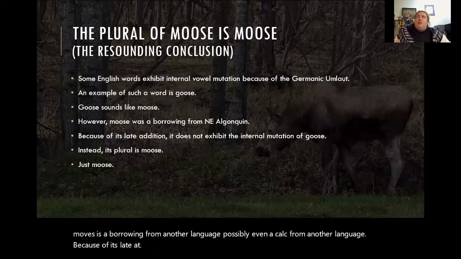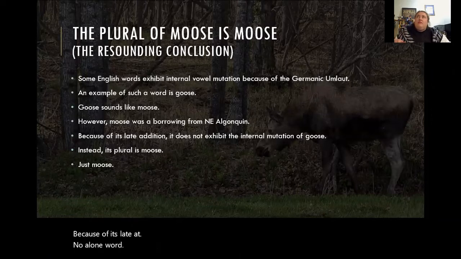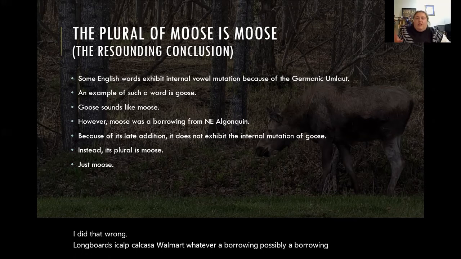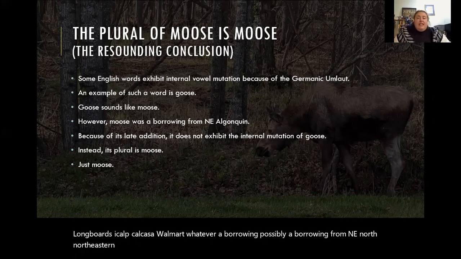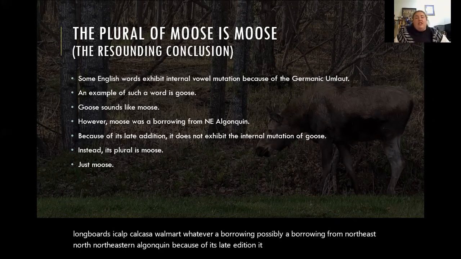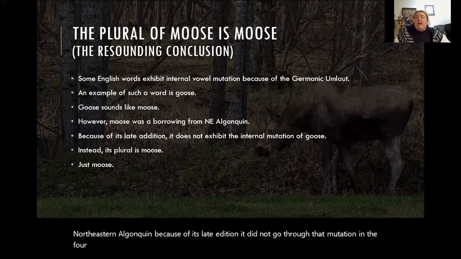Whatever, a borrowing. Possibly a borrowing from northeastern Algonquin. Because of its late addition, it did not go through that mutation in the 450-500 time frame. Instead, its plural is moose. It's just moose.